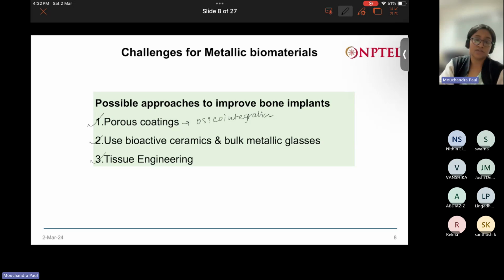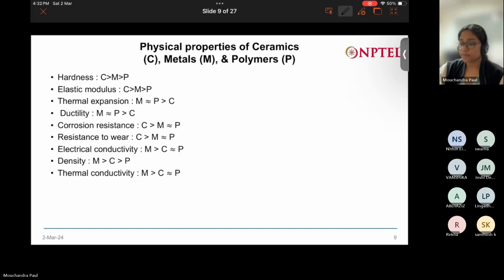That is the tissue engineering approach. These approaches have been researched thoroughly so that we can overcome the challenges of metallic biomaterials when they are used alone. Now, let us compare the physical properties of metals, ceramics, and polymers.